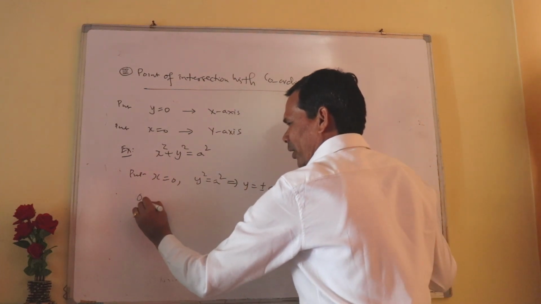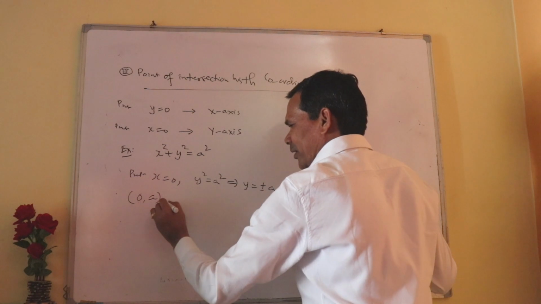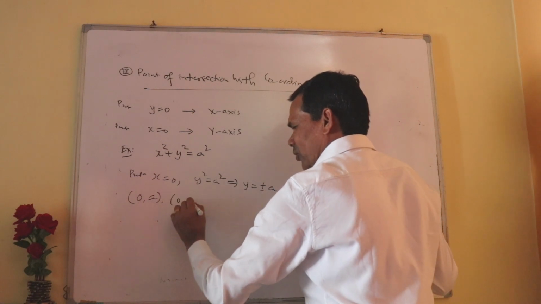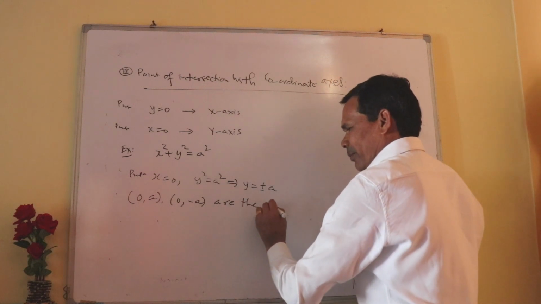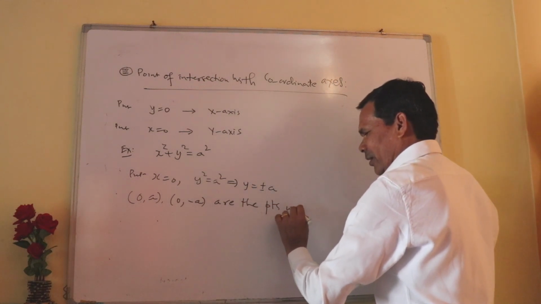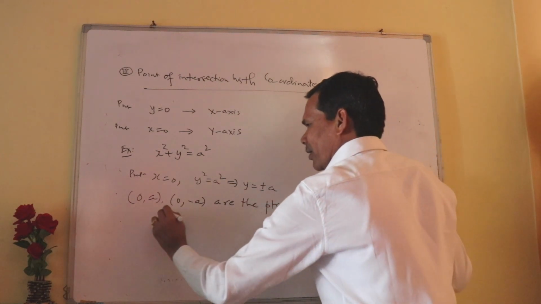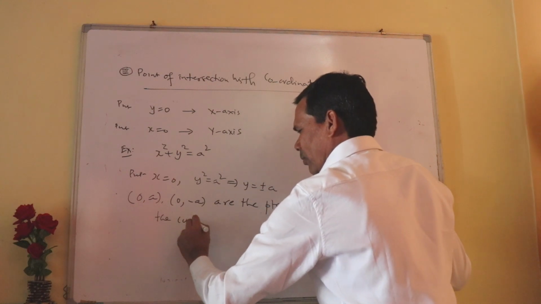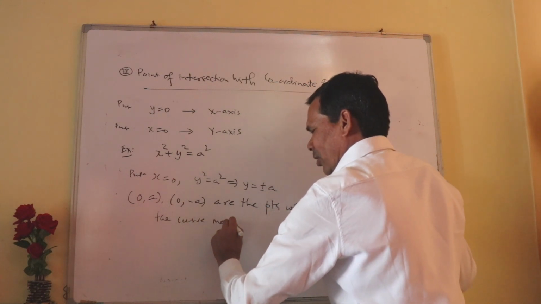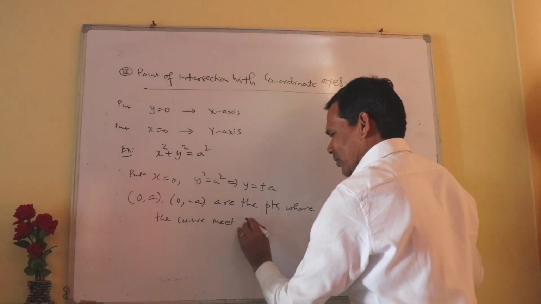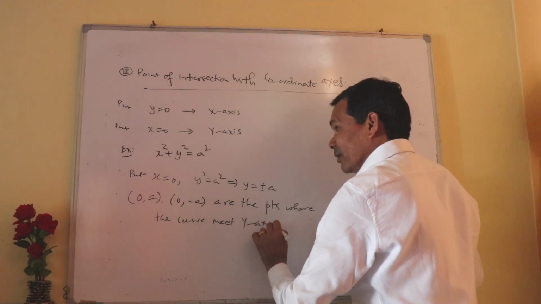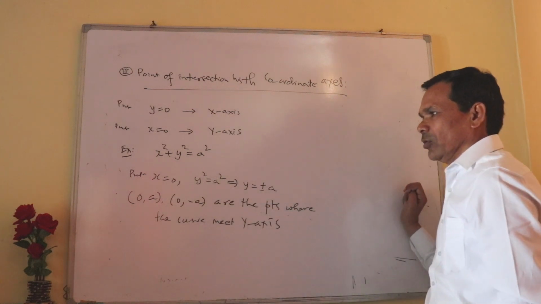So (0, a) and (0, minus a) are the points where the curve meets the y axis.